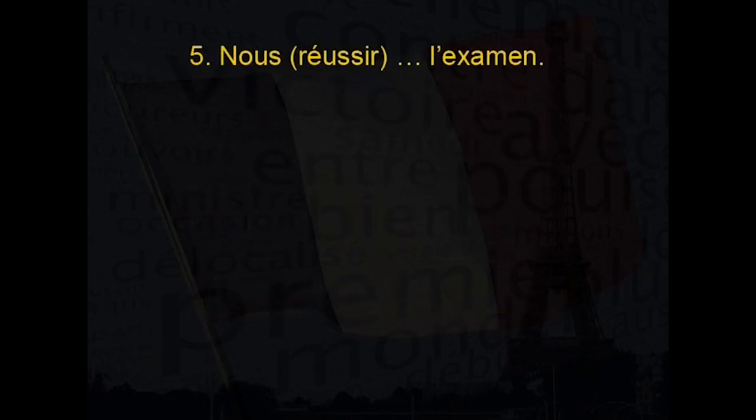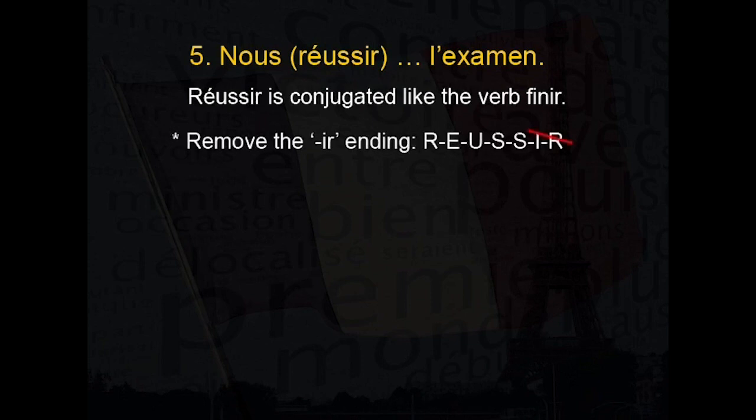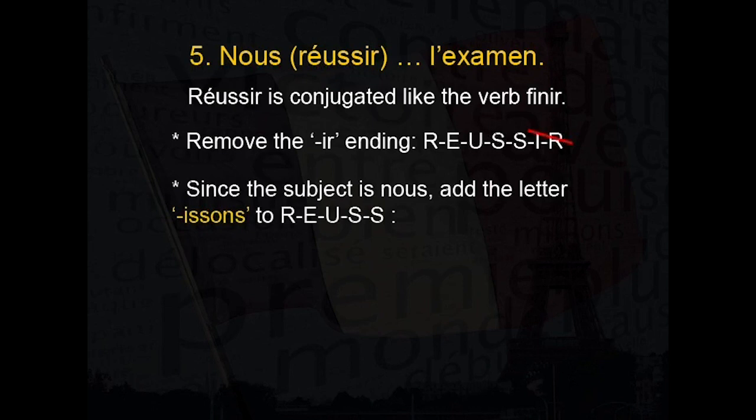Number 5. Nous, réussir l'examen. Réussir is conjugated like the verb finir. So we first remove the IR ending. Then, since the subject is first person plural, we add I-S-S-O-N-S to R-E-U-S-S, which is the stem of the verb.